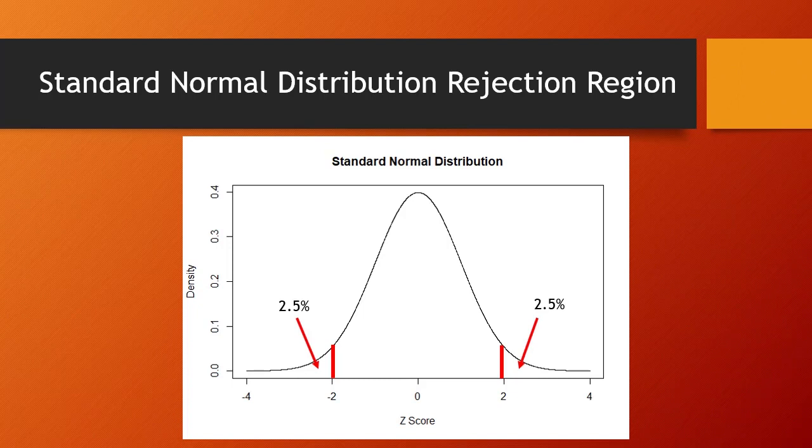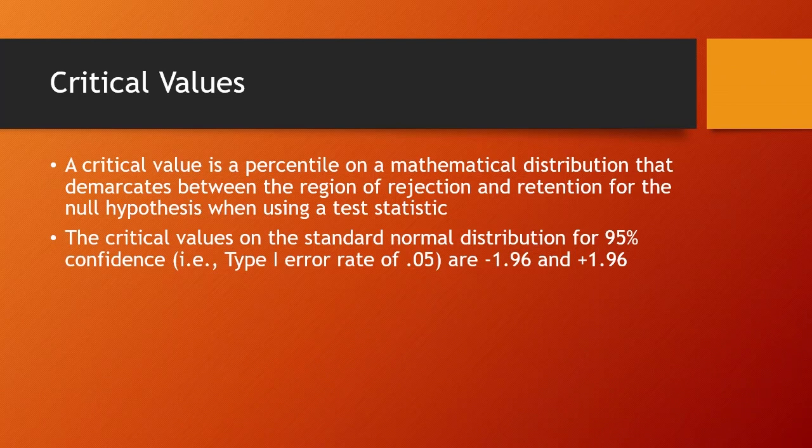This area will be known as the rejection region. The bars on this distribution represent the critical values that demarcate between the rejection region and the retention region. The critical values on the standard normal distribution for 95% confidence, that is a type 1 error rate of 5%, are negative 1.96 and positive 1.96.